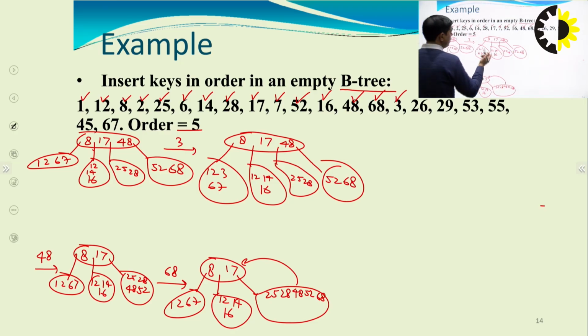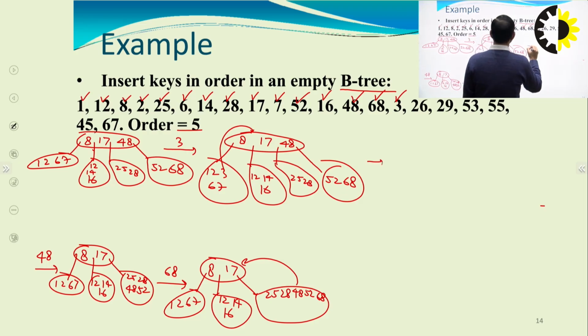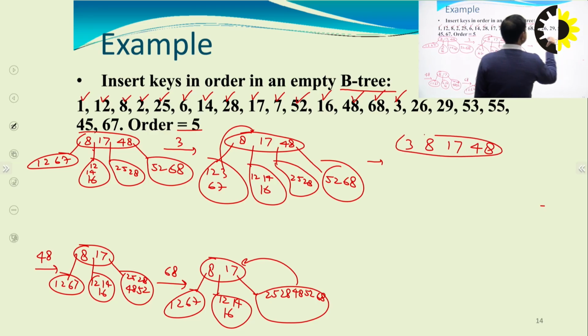Again here 5 values, maximum values allowed are 4. We will split this node and this time 3 will go up. So that is 3, 8, 17, 48. Now 4 keys, that means 5 children.